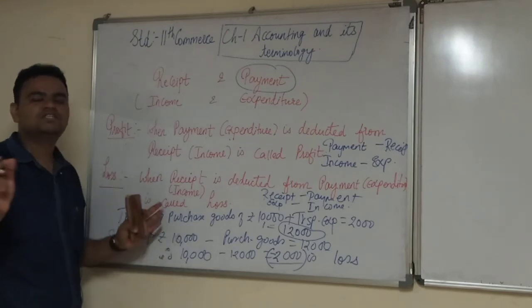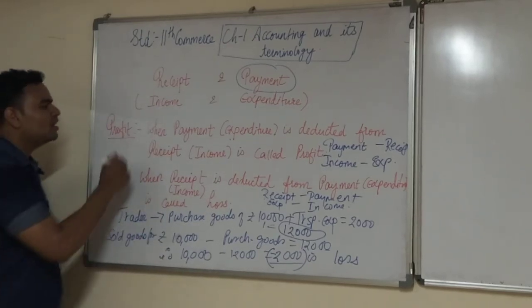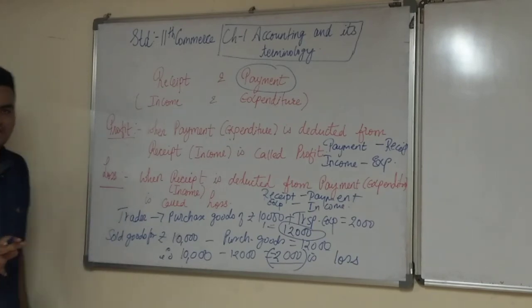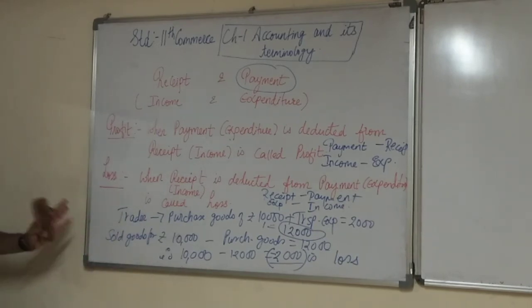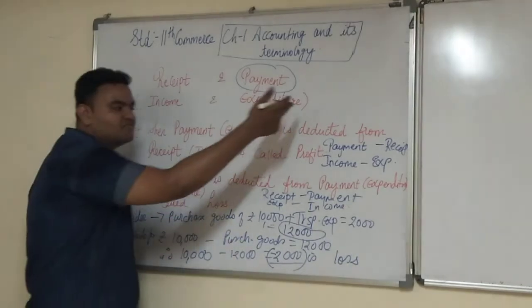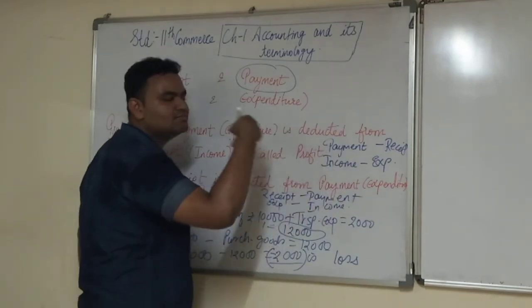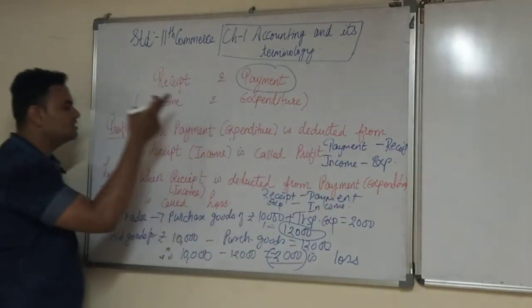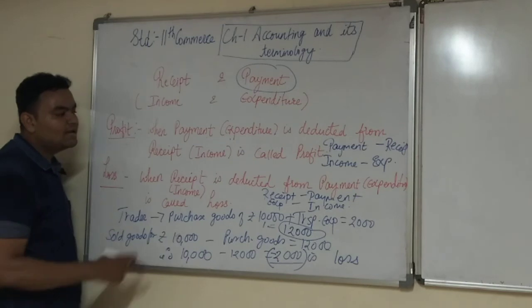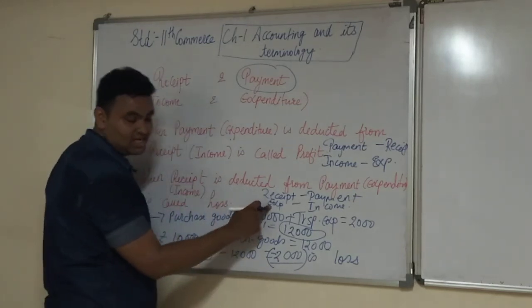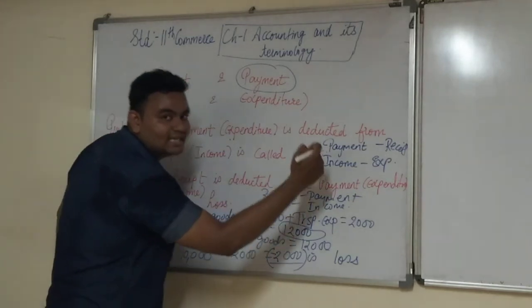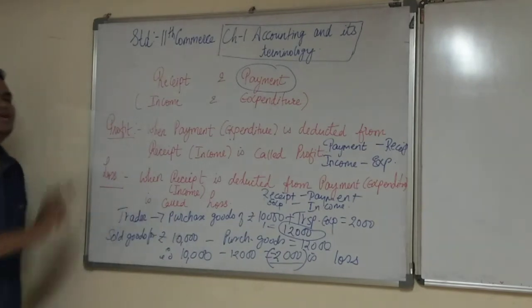In whichever degree you go, this term won't change. If the payment or the income is more than the expenditure, it is considered a profit, and whenever the expense is more than the income, it is called a loss.